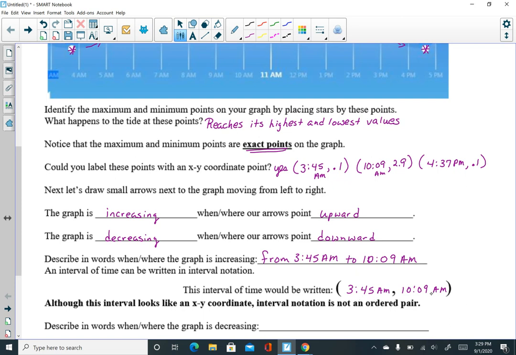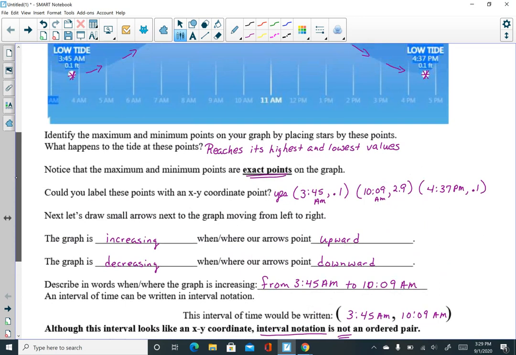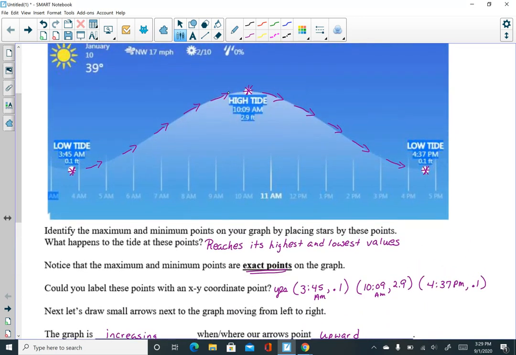This looks like an ordered pair, right? Because it's like an X comma Y. But don't confuse that here. Remember, this is interval notation, okay? It is not an ordered pair, okay? It is going from one X value to the next X value. It's going from this low X value to my first maximum point highest X value.